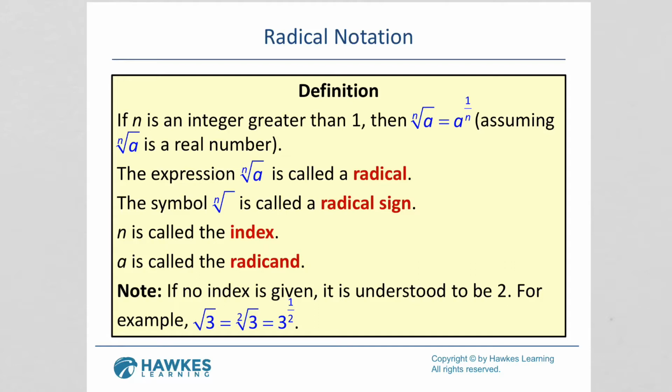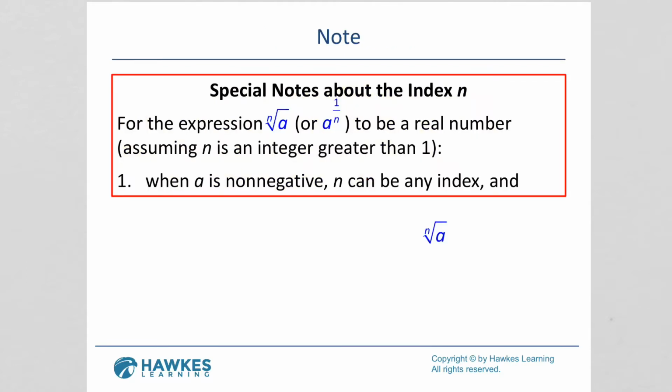For example, when we have just the square root of 3, we drop that 2 that's there, which will be the second root of 3, equals 3 to the 1/2. Something to remember about your index n.